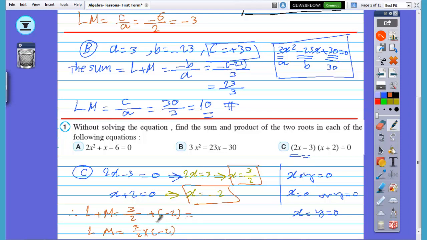So the sum is 3 minus 4 over 2, here 2, and 3/2 multiply -2 is -3. So the sum here is -1/2 and the product here equals -3.